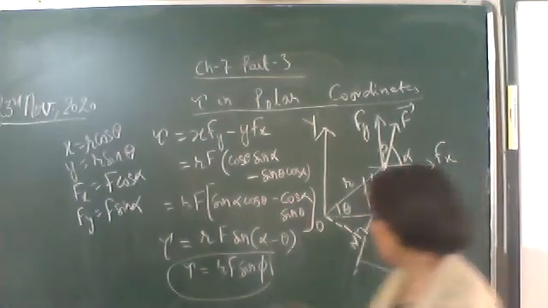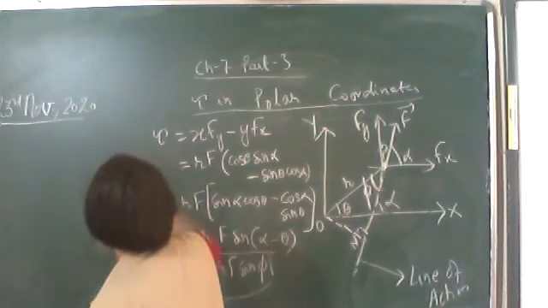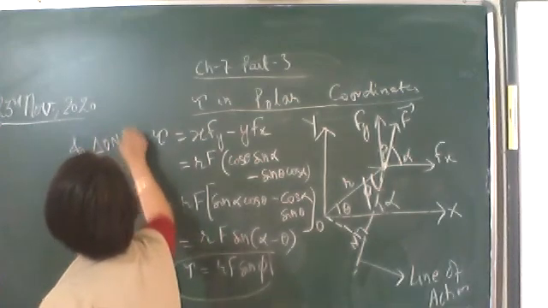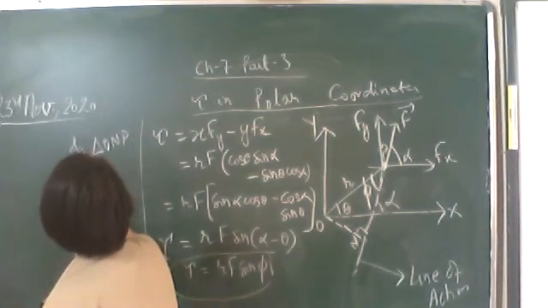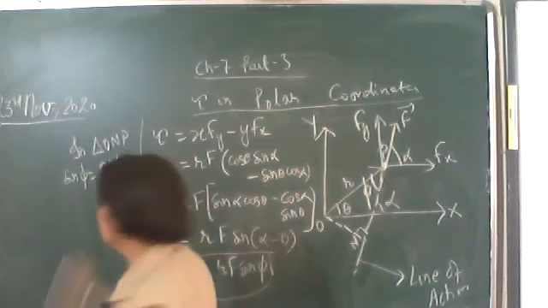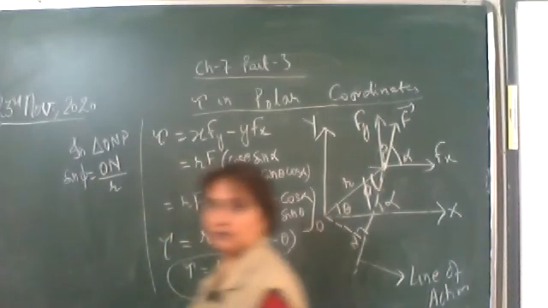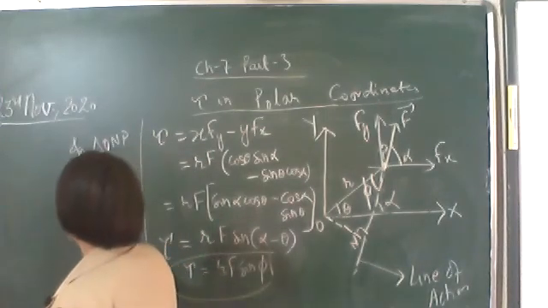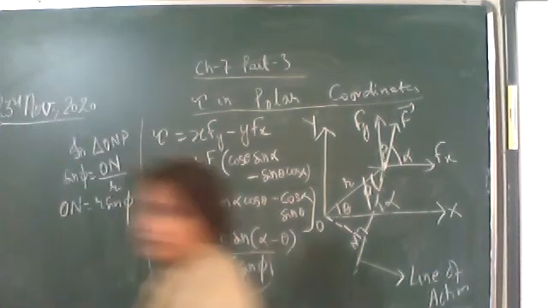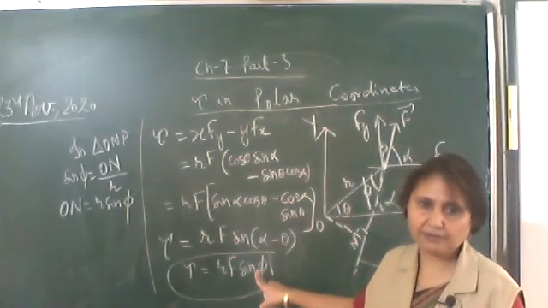Now in right angle triangle ONP, we are finding sin phi. Sin phi is equal to perpendicular, which is ON, upon hypotenuse, which is R. So ON is equal to R sin phi. So R sin phi can be written as ON.